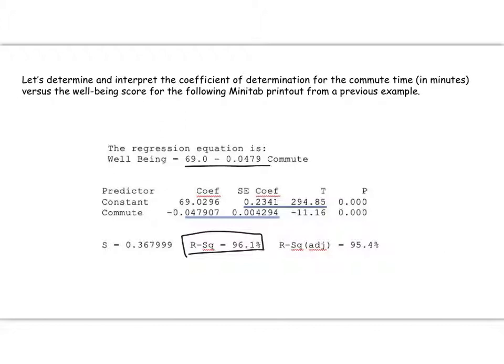So we would say that 96.1% of the variance in well-being is explained by the least squares regression line.